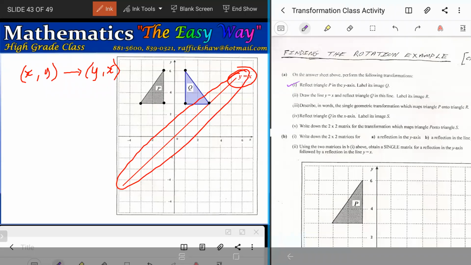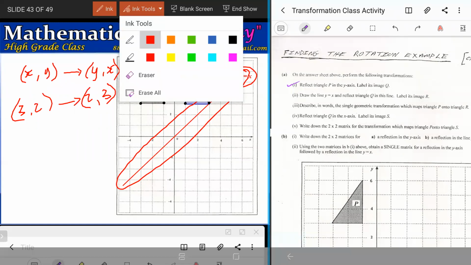And when you do a function and its inverse, the x and y values interchange. So a point that was, for example, (3, 2), when you reflect in line y equals x, will go to (2, 3).